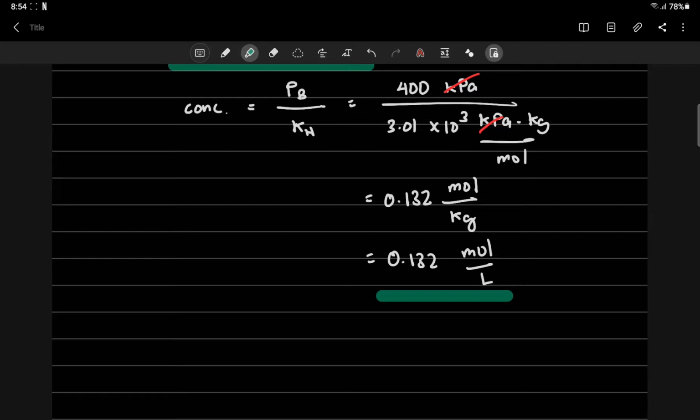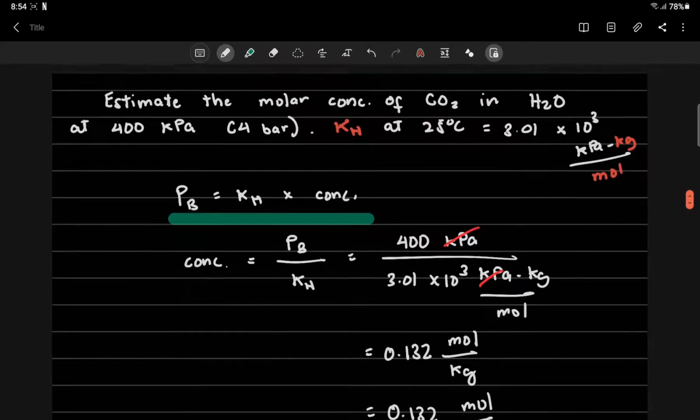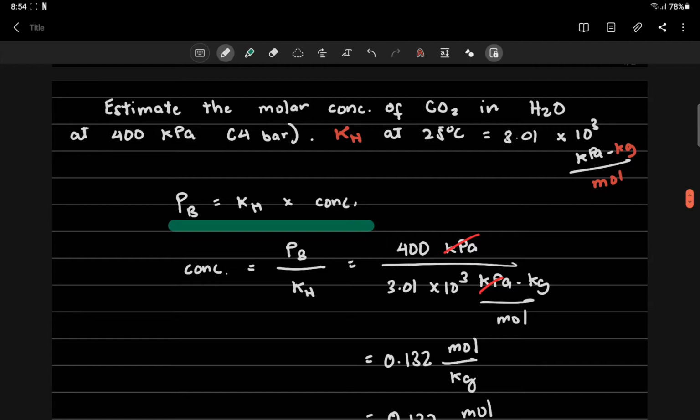Now, a follow-up question is, what if ang pressure natin instead is 1 bar? Okay, ano yung magiging molar concentration? So imagine you have a soft drink, no? And yung soft drinks, let's say, nasa can siya, sobrang pressurized niya. And again, let's consider na, halimbawa, 400 kilopascal or 4 bar yung pressure sa loob.